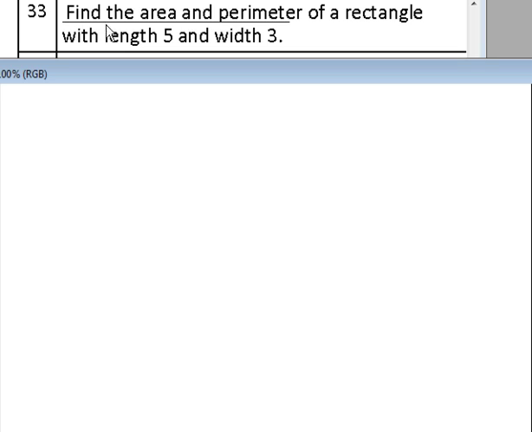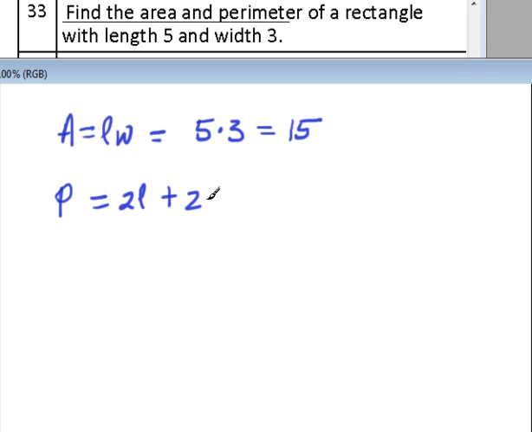In 33 we're finding the area and perimeter of a rectangle with length 5 and width 3. The area is length times width, so that would be 5 times 3, and that would be square units, whatever the units are. The perimeter is twice the length plus twice the width, so that would be 2 times 5 plus 2 times 3. That would be 16 units, whatever the units are.